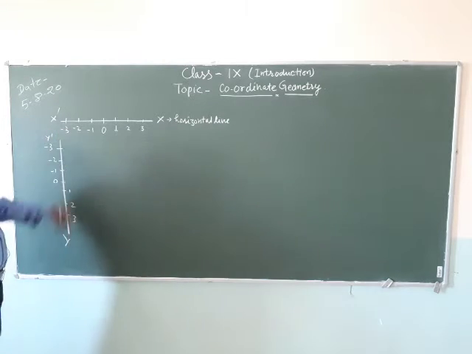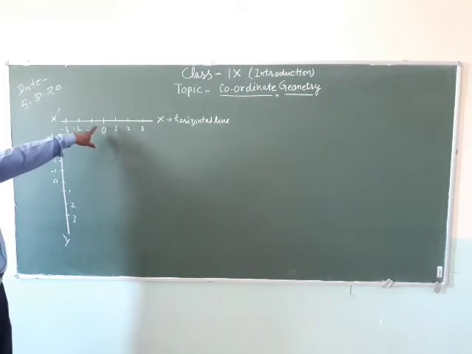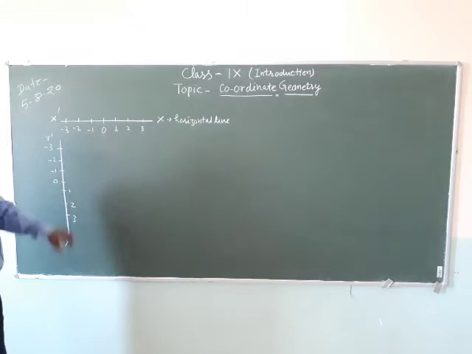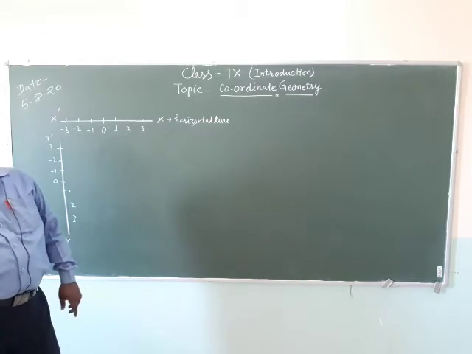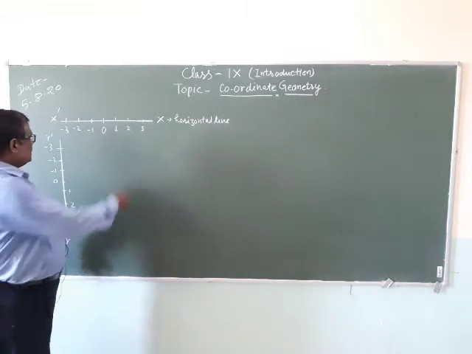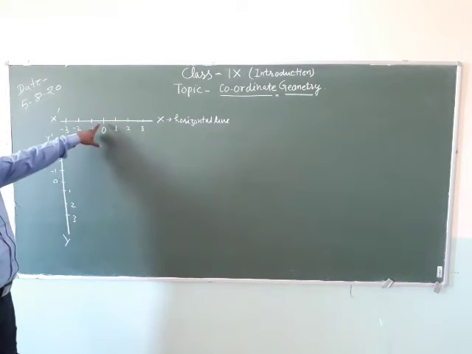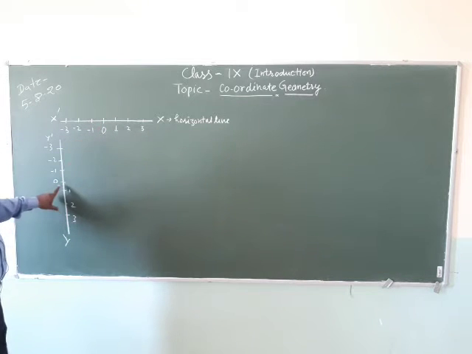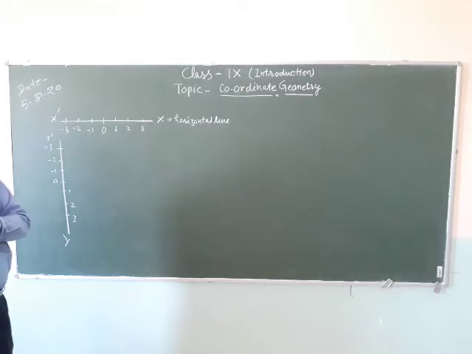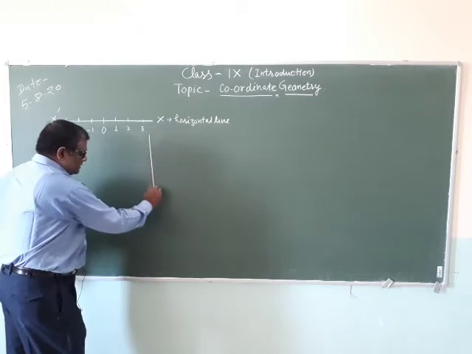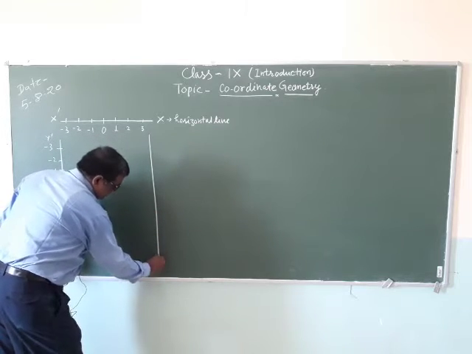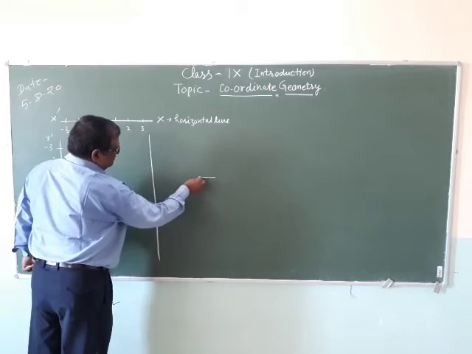If both combine with each other at their zeros, we get 4 quadrants, like this. If these zeros intersect each other, then this figure is found in this form.